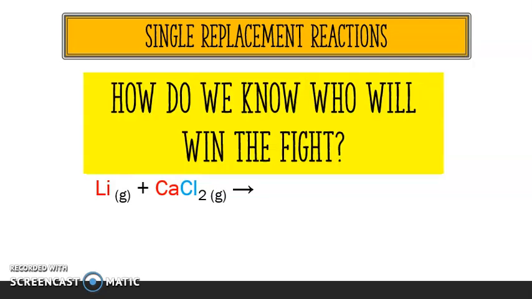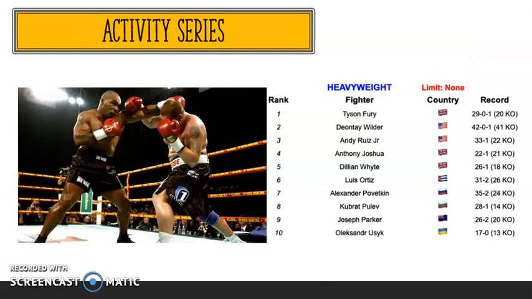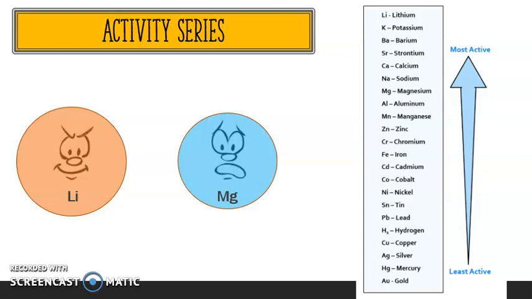So how do we know who's going to be able to win this fight? Well, we're not going into this blind, just like you wouldn't go into a boxing match not already being able to predict who might have the best chance of winning. We rank our boxers in order of, say, the number of matches that they would win. We do the same thing with our metals and our nonmetals in something that we call the activity series.